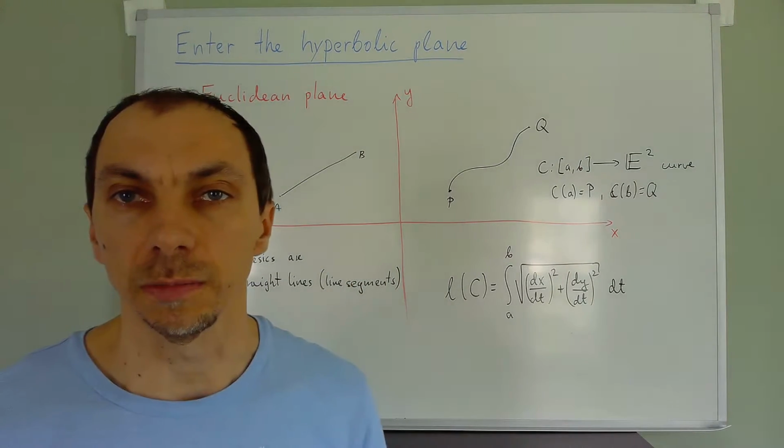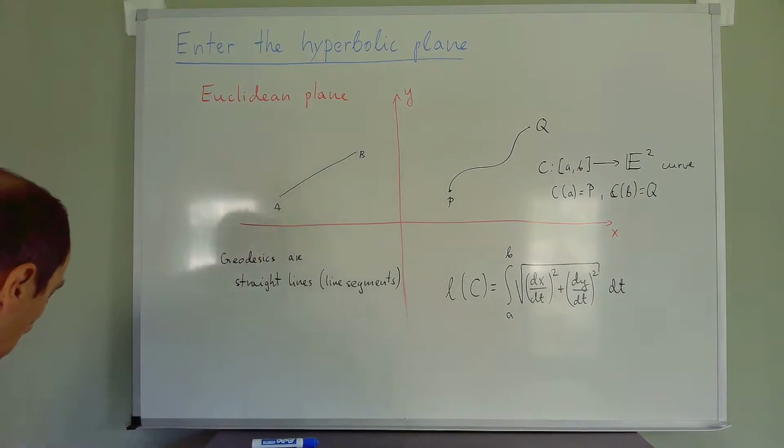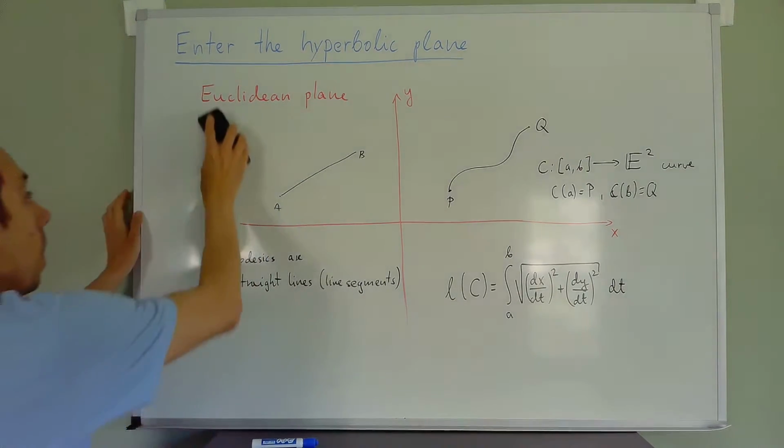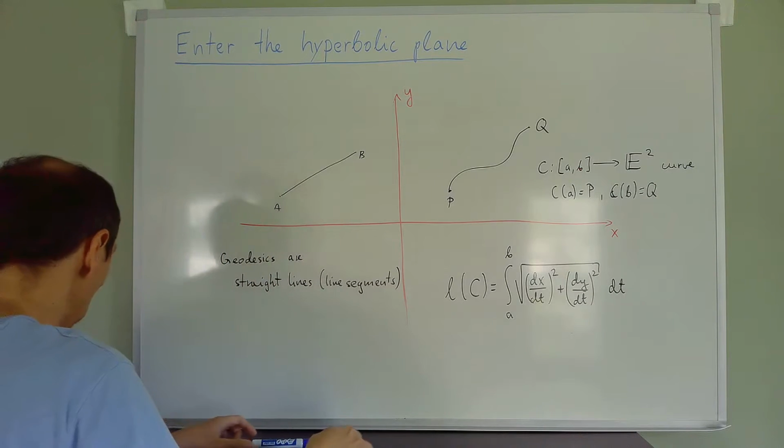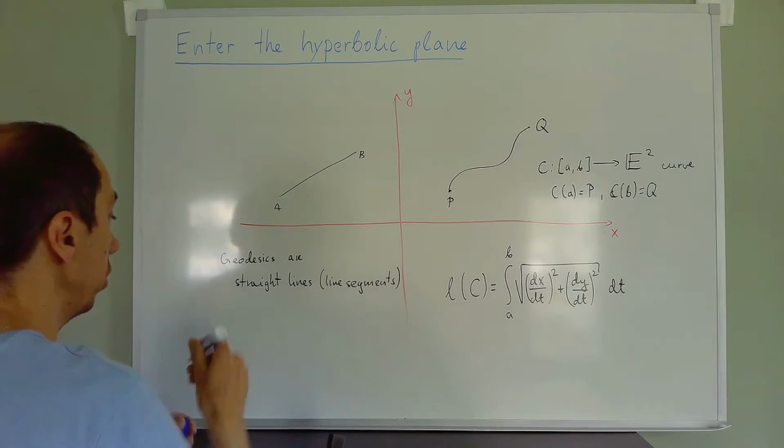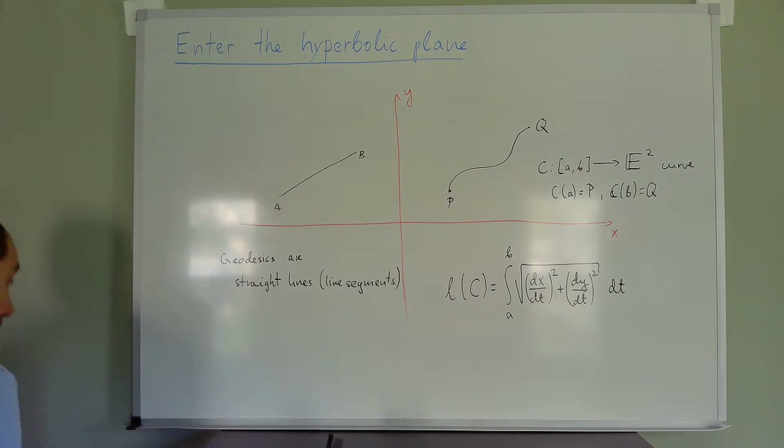So that was the Euclidean plane. The next thing that we studied was the sphere. And in fact, I want to actually keep this somewhere on the board. So I'm just going to make a little note here.